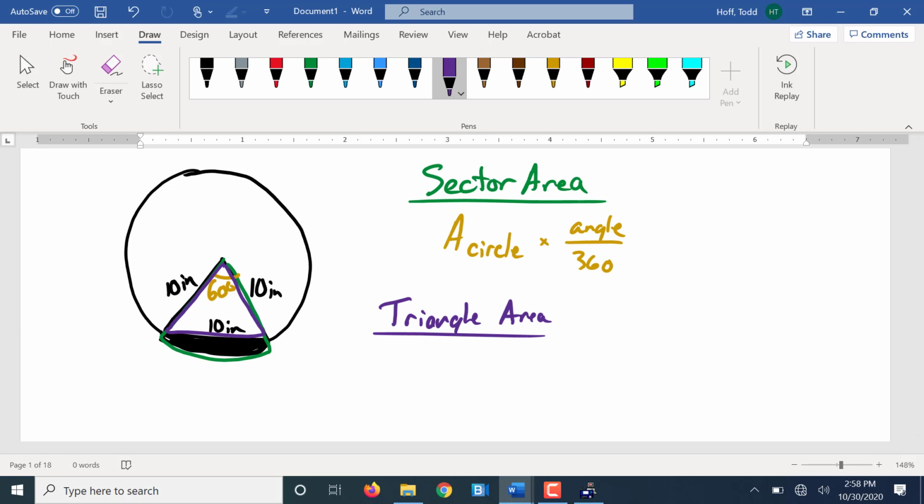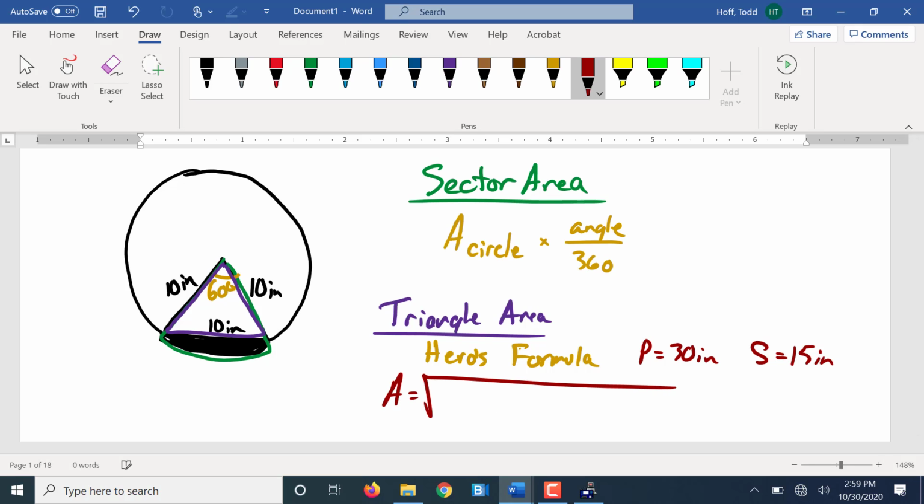We don't have any right angles for that triangle, so to find its area, you're going to have to use Heron's formula. So for that triangle, the perimeter is 30 inches, so the semi-perimeter is 15.